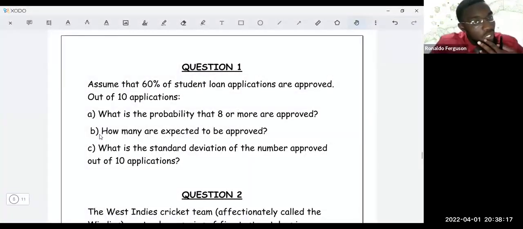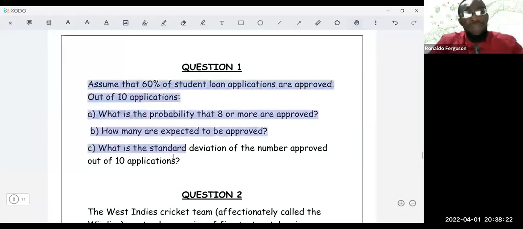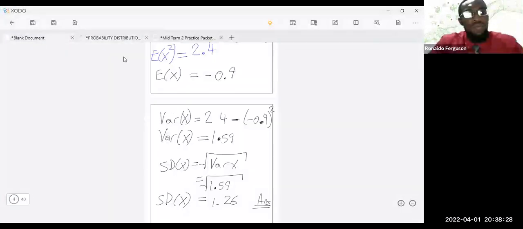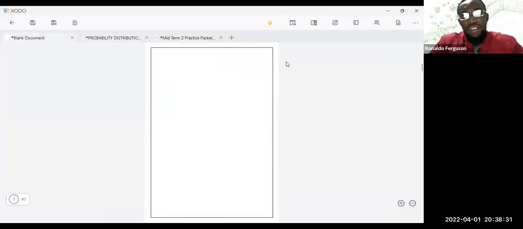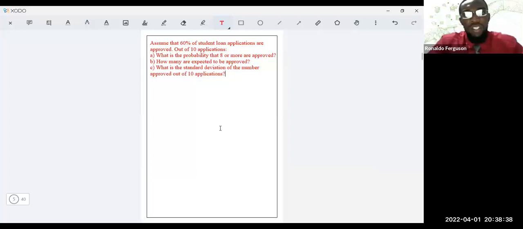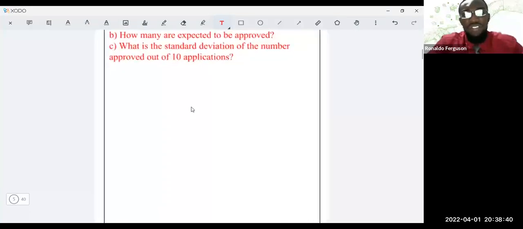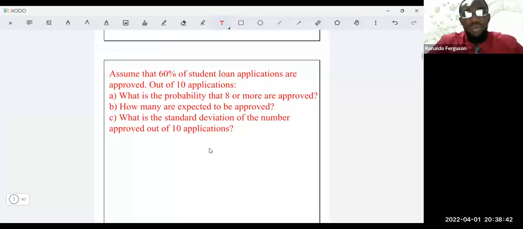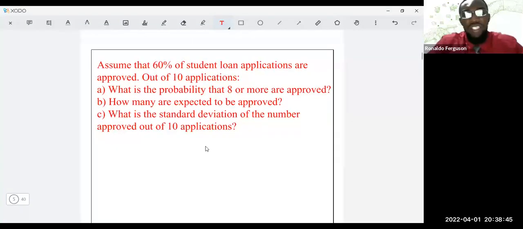Now we're going to look at some questions. So look at a question here, copy it. So copying this question right here, it says, assume that 60% of student loans are approved out of 10 applications. What is the probability that more than 8 are approved?